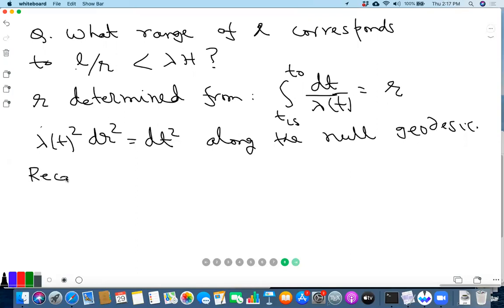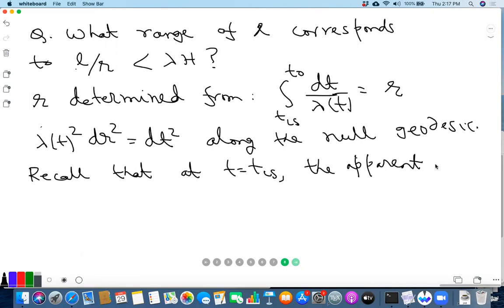We recall that at t equal to TLS, the apparent horizon, without counting the inflation, which is of order lambda inverse h inverse, spans a 2-degree angle in the sky.